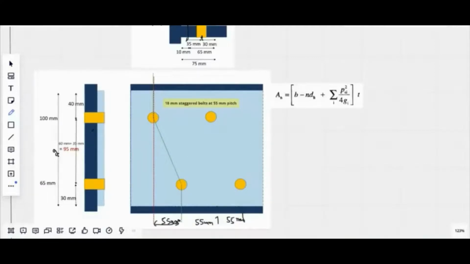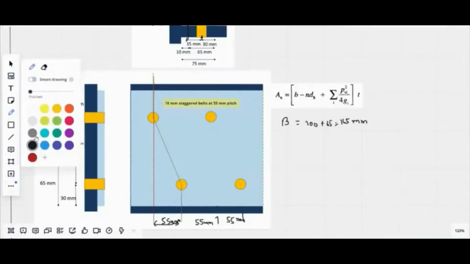The total width in this case is given as 100 plus 65, which is equal to 165 mm.